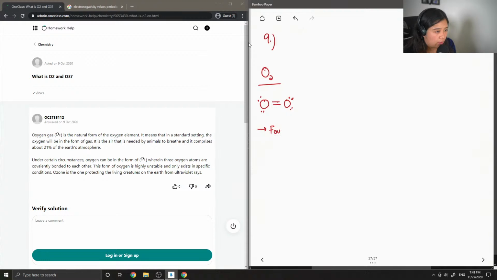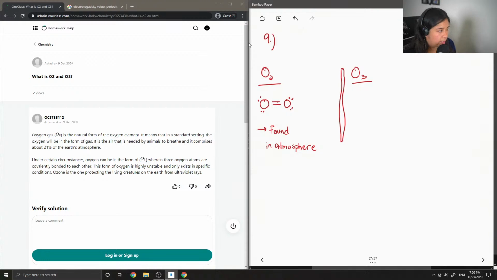And O2 is what is found in our atmosphere. We also need it to breathe, so it is very much needed for human and animal life on Earth.